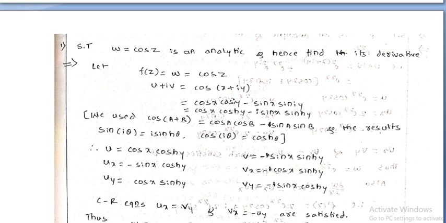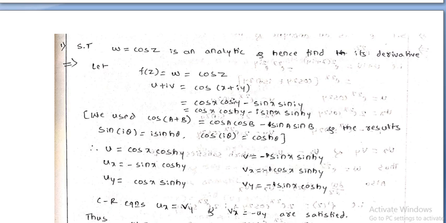And again we use the condition: sin i theta can be expressed as i sinh theta, and cos i theta as cosh theta.